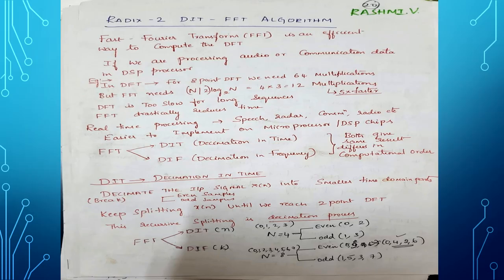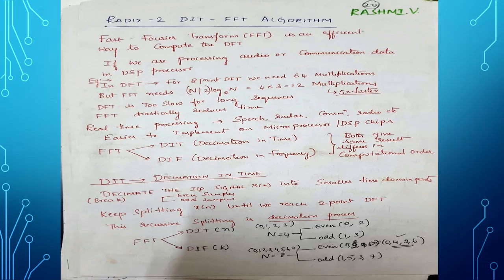In decimation in time, we decimate the input signal x of n into smaller time-domain parts. Decimation basically means to break down. We break down the input signal x of n into smaller parts, which are divided as even and odd samples.